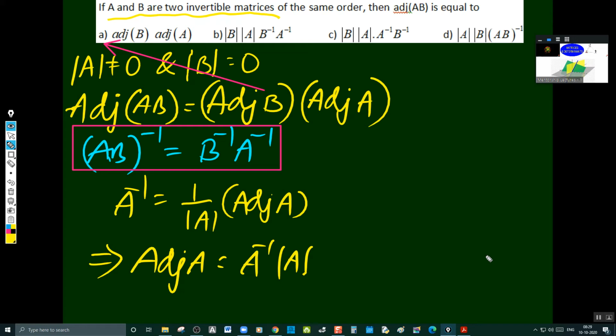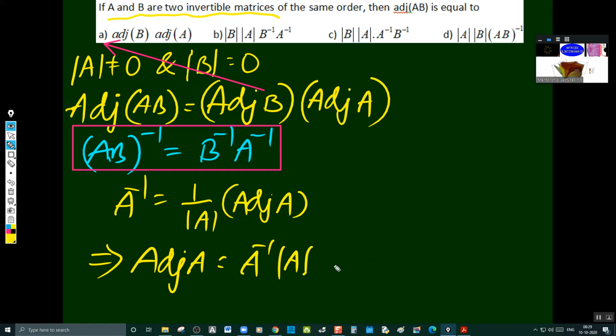Determinant is always a fixed value, and A inverse happens to a matrix. So matrix is different and determinant is different. Determinant is possible only for a square matrix, and whatever determinant you get, the final result is always a constant. So adjoint of A is equal to A inverse into det A.